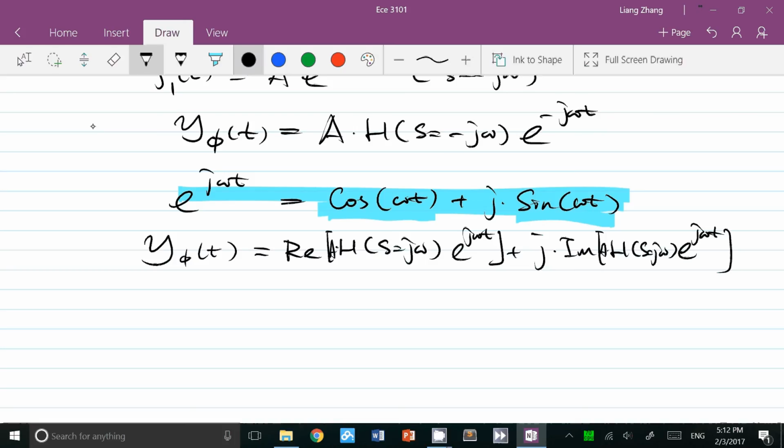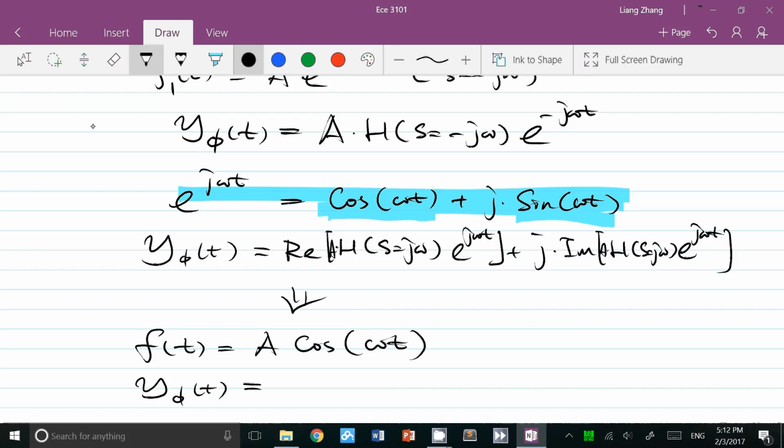So that means if your input is a cosine signal, then your output should simply be a cosine signal as well.